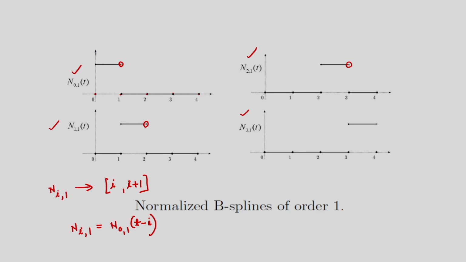These are B-spline functions, and for this I am considering 5 knot points. These are the normalized B-splines of order 1, because in this case I am considering N01, N11, N21, N31. So that means I am considering the B-spline of order 1. But you can see the starting points are 0, 1, 2, 3.